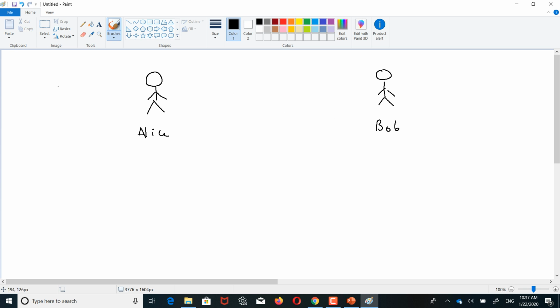In the symmetric case, in symmetric encryption algorithms, Alice and Bob share one key. They use only one key, which is called a shared key, or sometimes a symmetric key, and also a secret key.